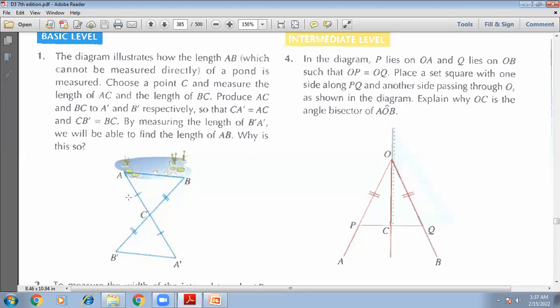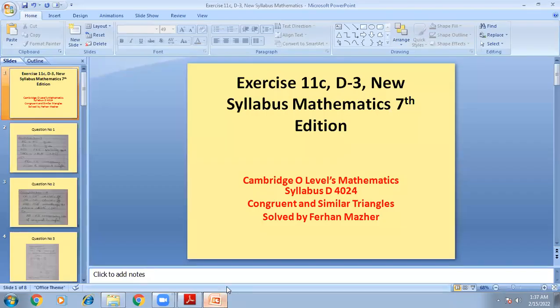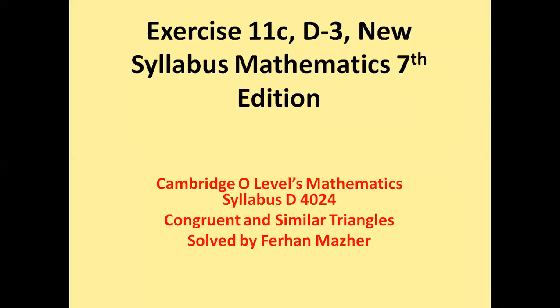You see, AC is equal to A prime C because it's given, and BC is equal to B prime C, it is given. Angle ACB is equal to angle A prime C B prime because they are vertically opposite angles. So by this, I can prove that these two triangles are congruent, and then I can say that side AB is equal to A prime B prime. Let me show you my written solution.